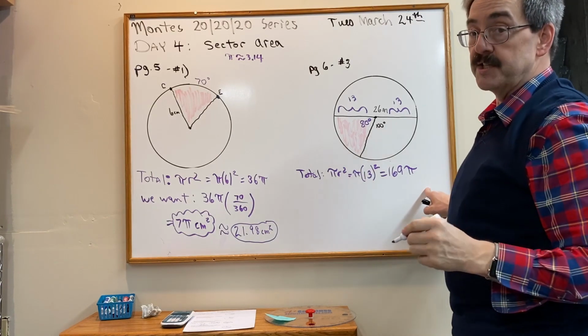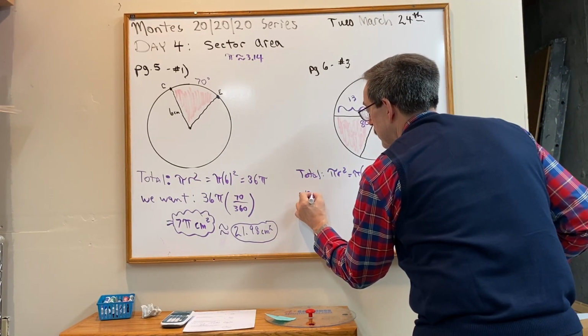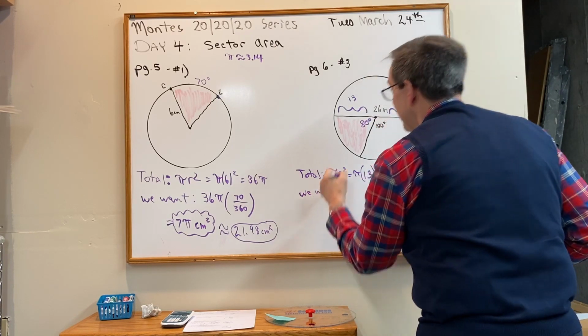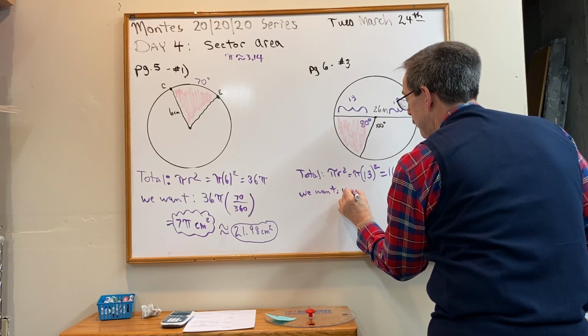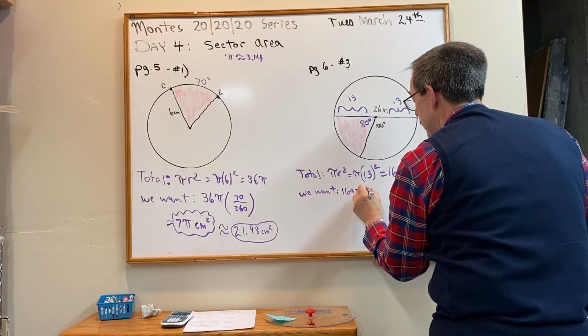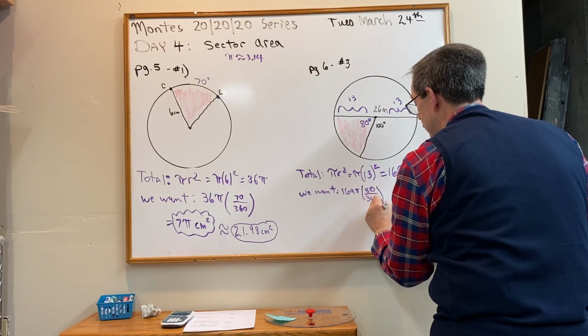And if you don't have pi, just use 3.14. But we want 80 of the 360. So 169 pi times 80 of the 360.